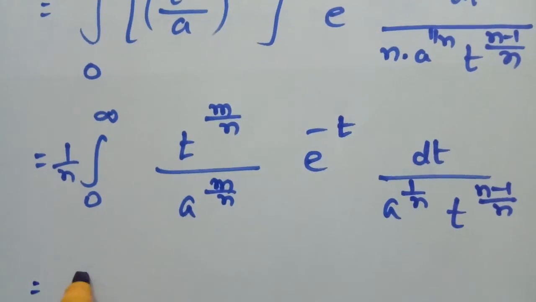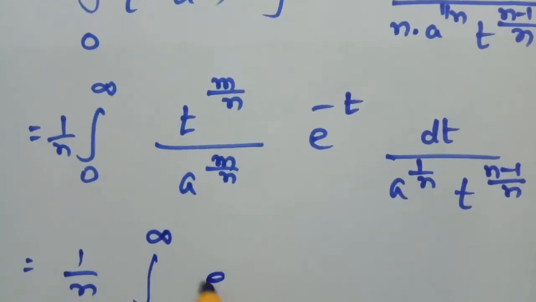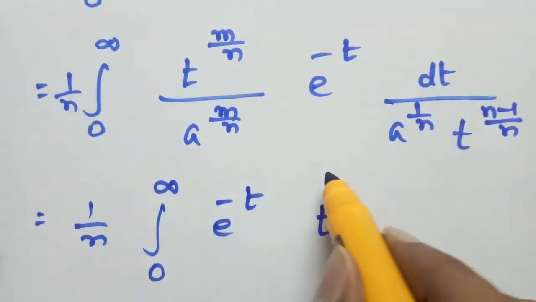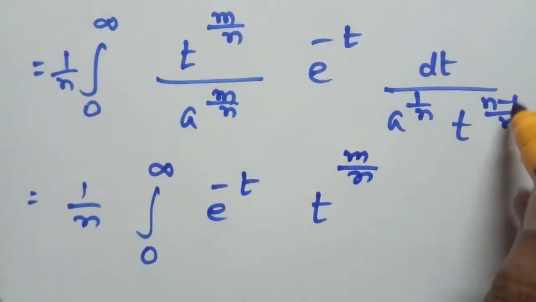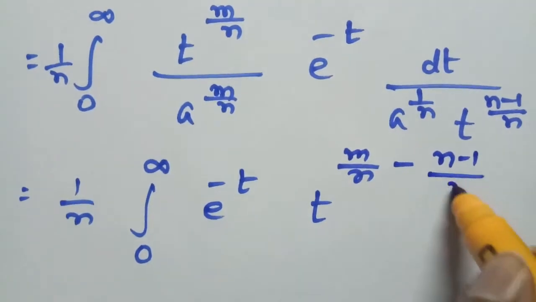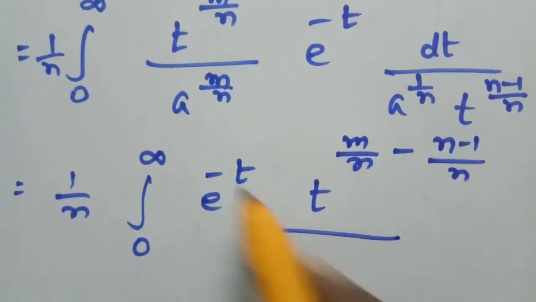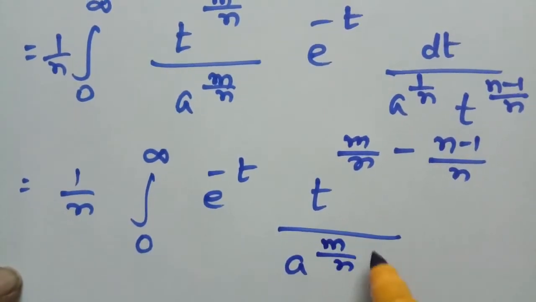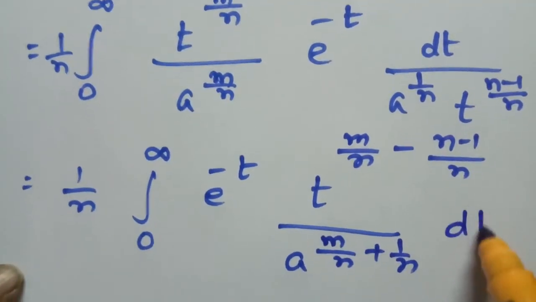Therefore, this can be written as 1 by n integral 0 to infinity e power minus t into t to the power of m by n. We are writing t to the power of n minus 1 by n in the numerator. It becomes minus n minus 1 by n, by a to the power of m by n plus 1 by n. Bases are equal, we are adding the powers.